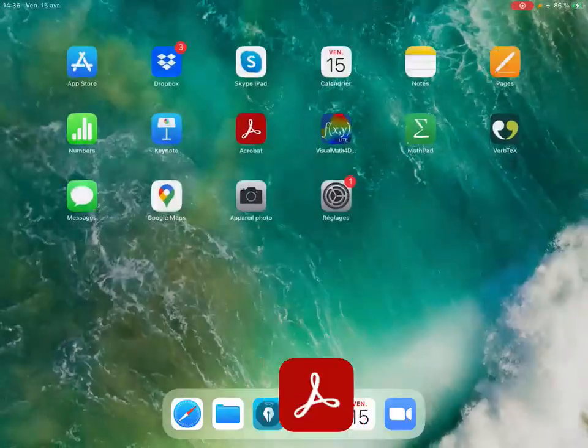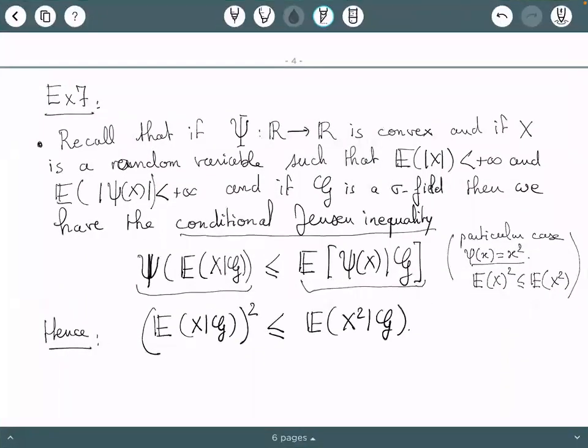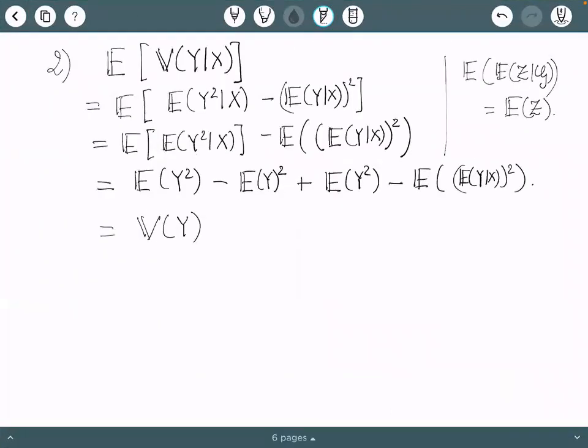So I have to see if this guy is like the variance of the conditional expectation. Here I have the expectation of the random variable squared, so I have to replace this guy by this guy here. I have to replace it by the expectation of the square of the conditional expectation.